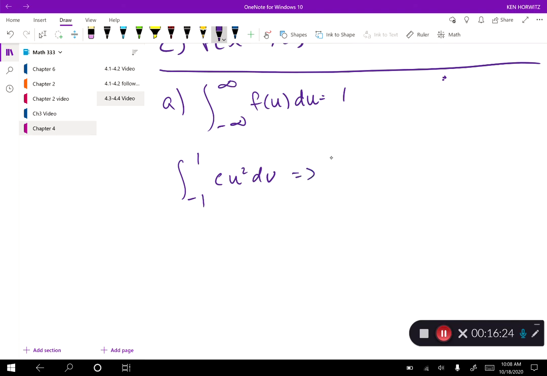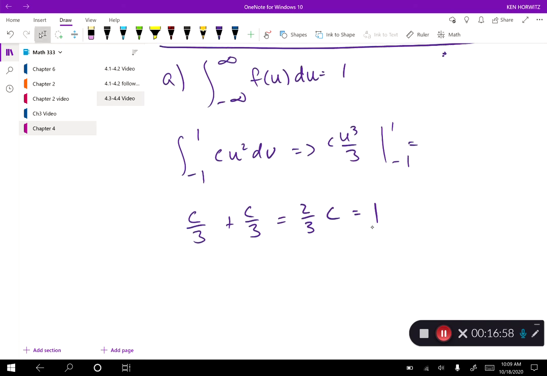So I get u cubed over 3 times c between negative 1 and 1, which equals, when I plug in 1 and negative 1, c over 3 plus c over 3. That equals 2/3 c. And if 2/3 c has to equal 1, then why don't you pause the video and work out what c has to equal.